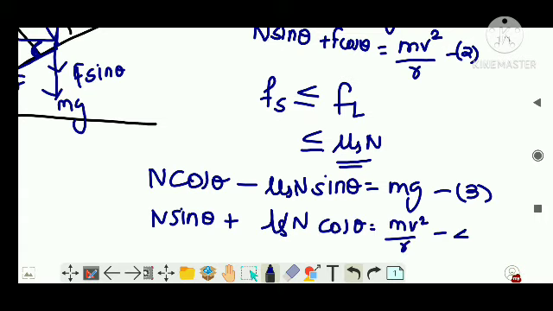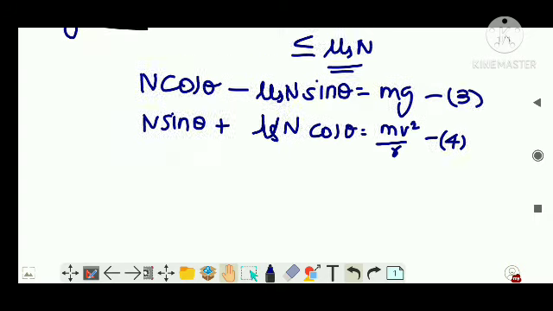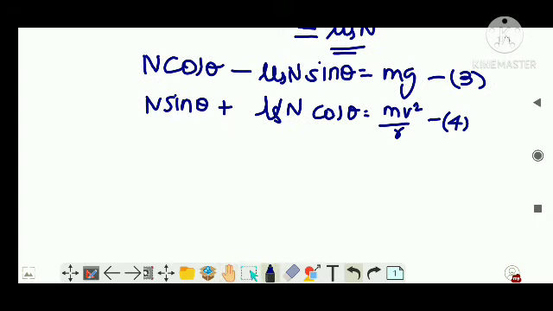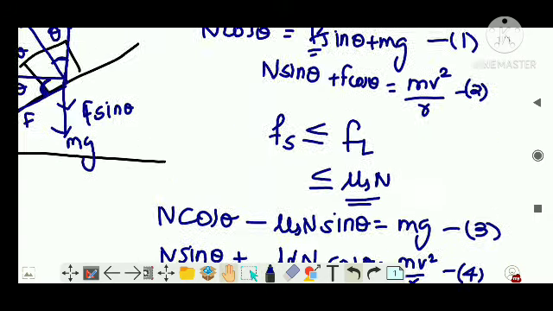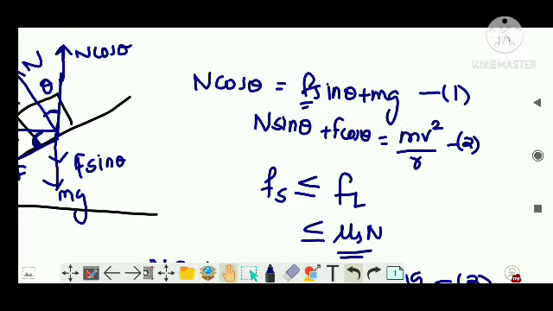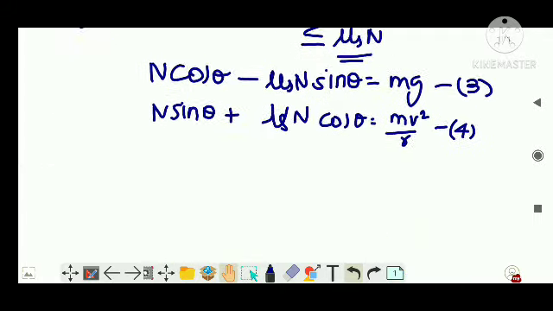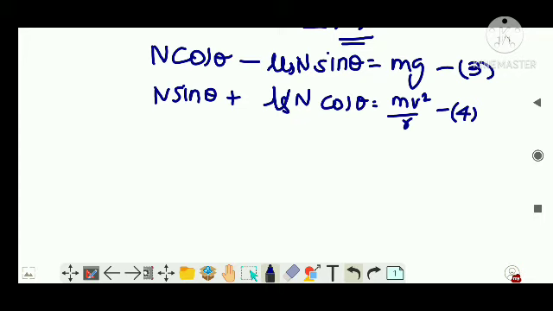This is your fourth equation. Clear? Now, from the first equation, I'm just rearranging it.